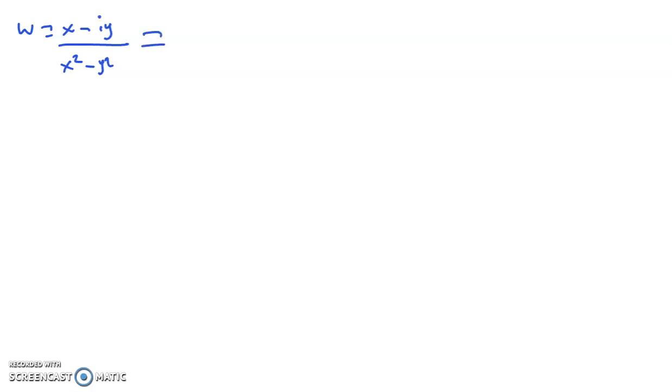So this can be represented as x over x squared plus y squared, and then we have minus i, because we have this negative sign in between, so it is minus i into y, also over x squared minus y squared, so that now we can see clearly what our real and imaginary parts are.